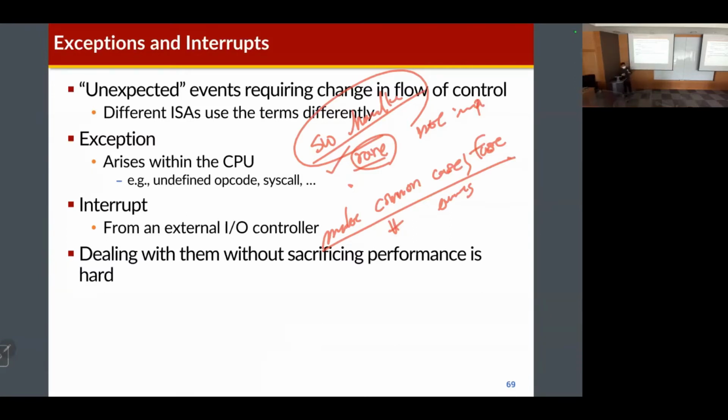So if exceptions or interrupts are detected by hardware, the hardware just detects them and then returns the codes of exceptions or interrupts to the software, like the operating system.